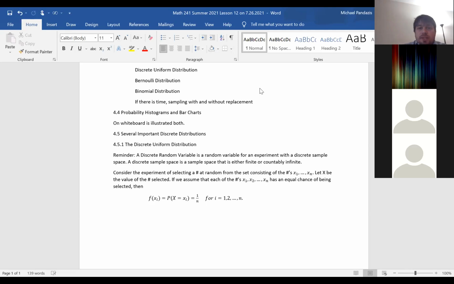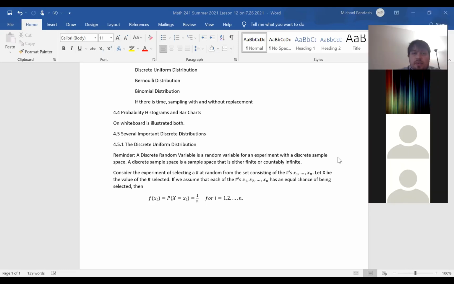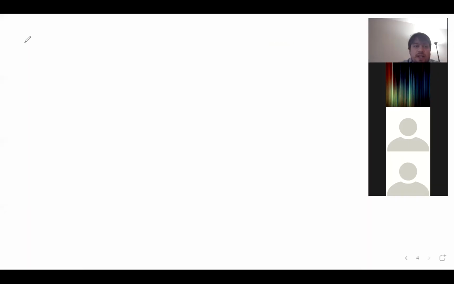So as an example, let's suppose that little n is equal to 3. Then your set would consist of the values x1, x2, and x3, whatever they are, they're random variable values. That would be your set, and capital X is the value of that.